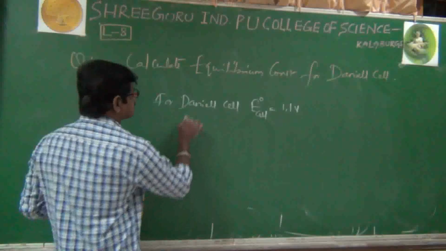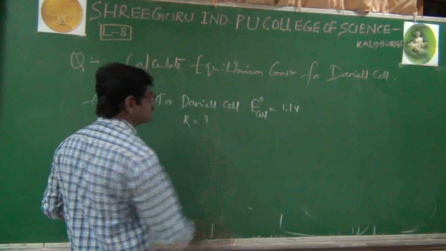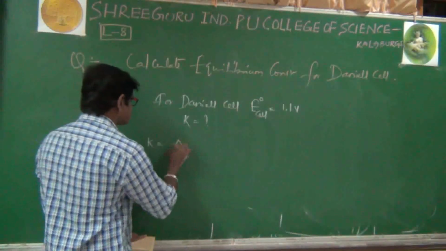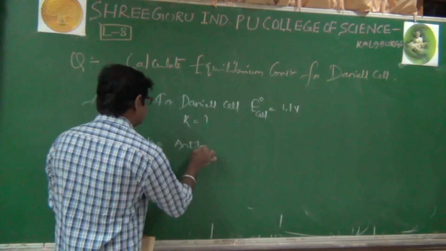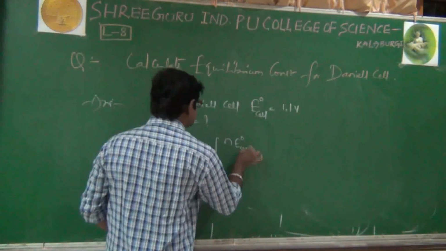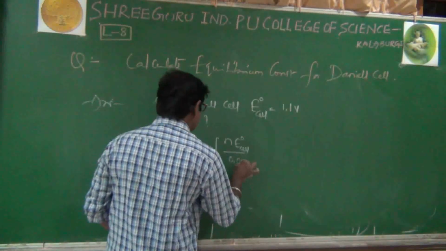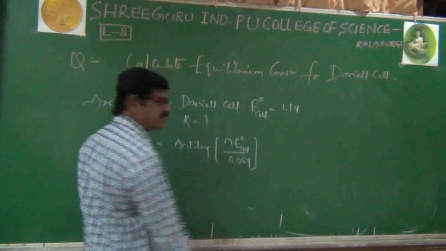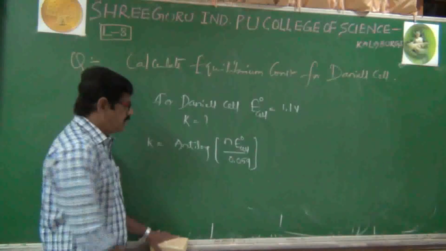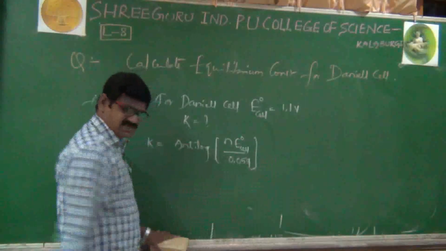Right. Now he is asking for the equilibrium constant, K is the question mark. Now we write its formula. K is equal to antilog of n E naught cell divided by 0.059 is our formula. Here E naught cell is already a standard fixed value and 0.059 is also a constant.